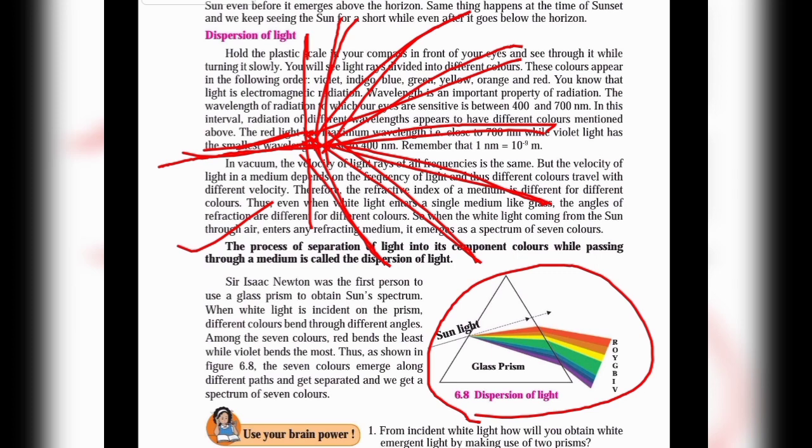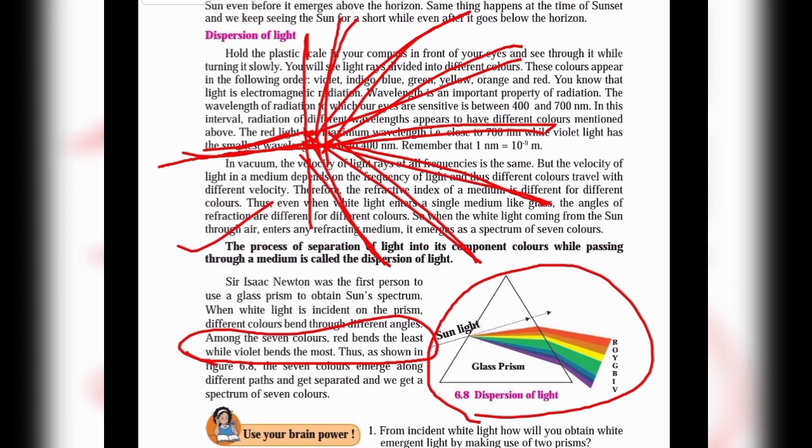When white light is incident on the prism, different colors bend through different angles. Among the seven colors, red bends the least, while violet bends the most. Remember, this is also a very important point.